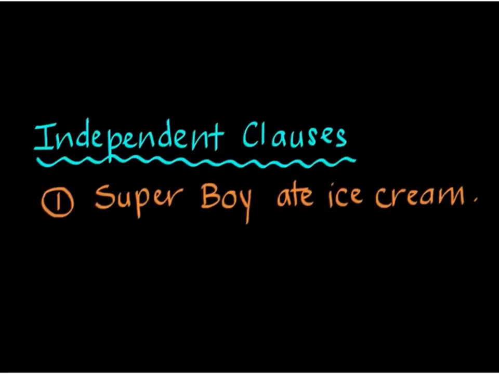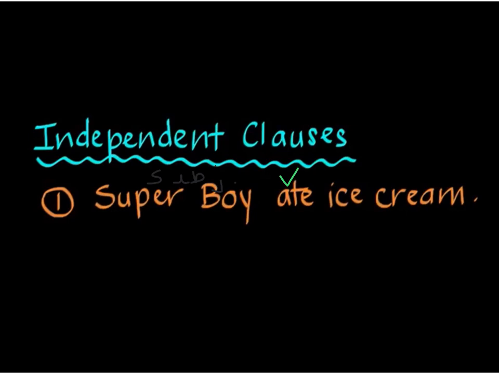So now I'm going to give you some examples of independent clauses. Here is an example. We have this sentence, Superboy ate ice cream. So if we're looking at this sentence, the subject would be Superboy. So I'm going to mark that here. This would be the subject. Okay, and the verb in this sentence is ate, so I'm going to mark the verb there. That's a little better color.